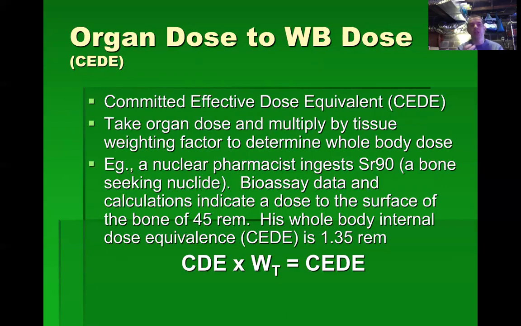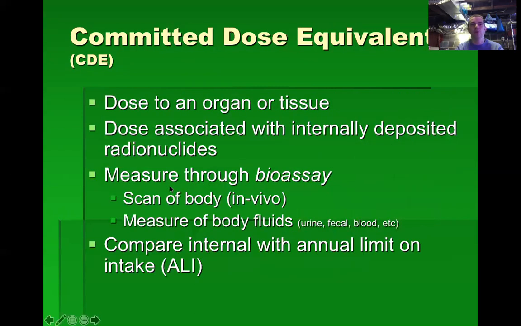If you ingest radioiodine, the dose of concern is to your thyroid. So you would take that dose to your thyroid, which would be known as the committed dose equivalent. So that dose to your thyroid is, we're only looking at the dose to a specific organ. That's what's called the CDE, or the committed dose equivalent. You can come up with activity in the certain organ.